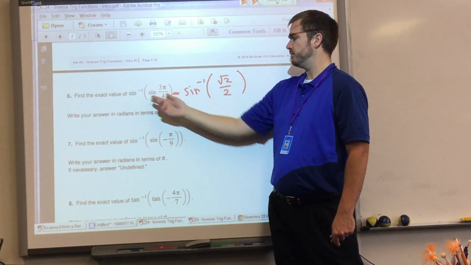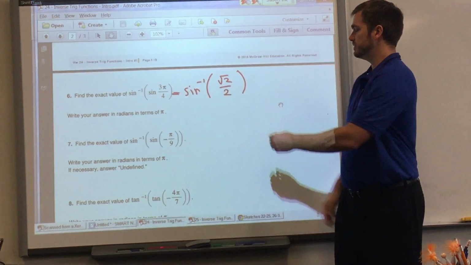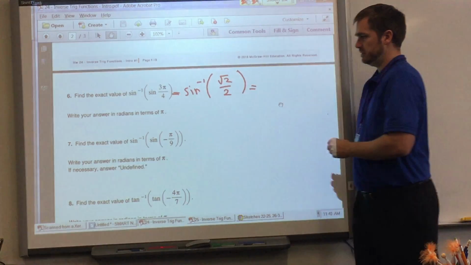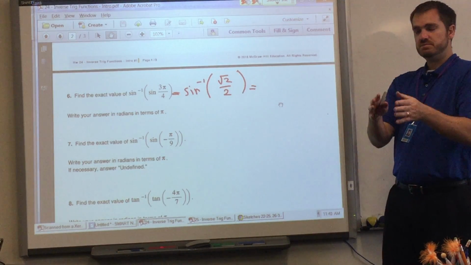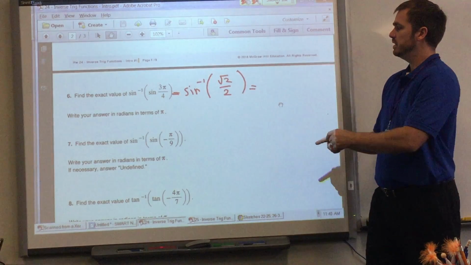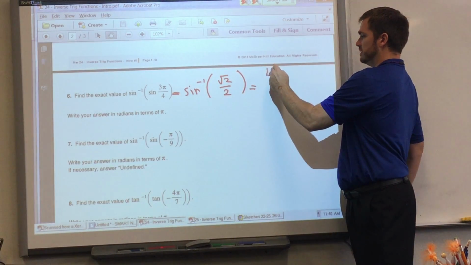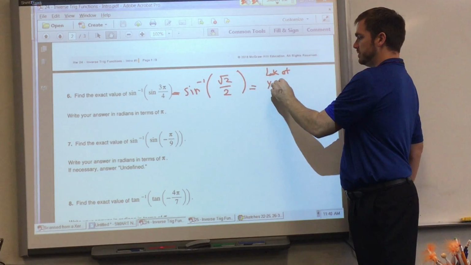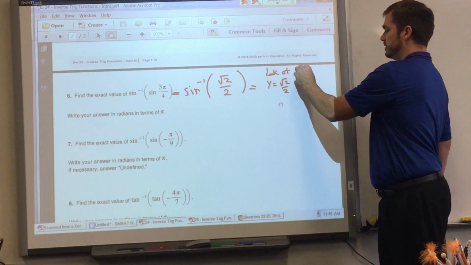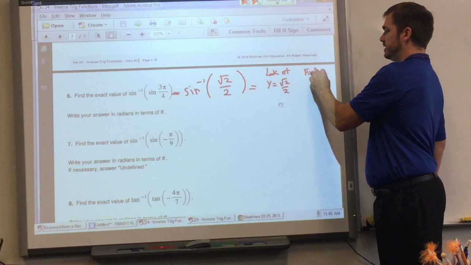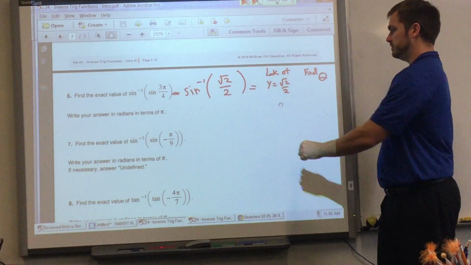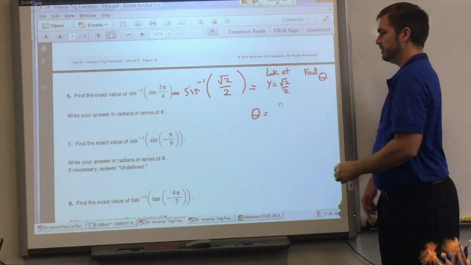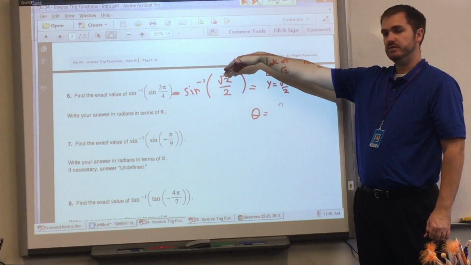Inverse sine of sine of 3 pi over 4, so now I just have the inverse sine of root 2 over 2. Now, what this means is, look at y values equal to root 2 over 2, find the theta, find the angle.